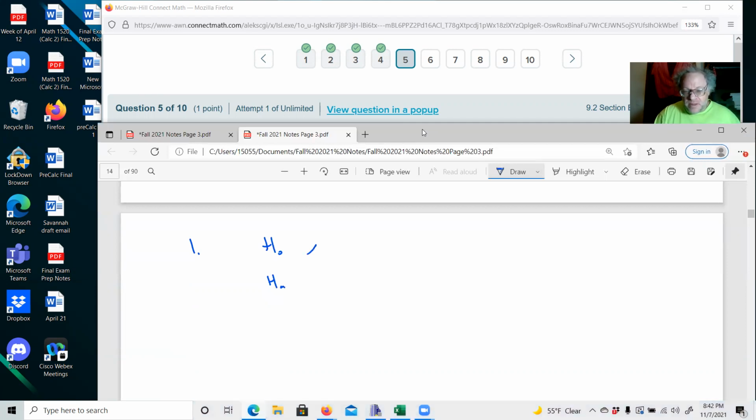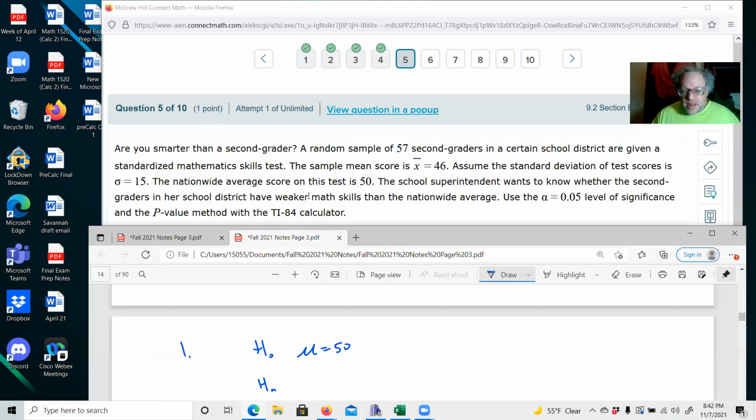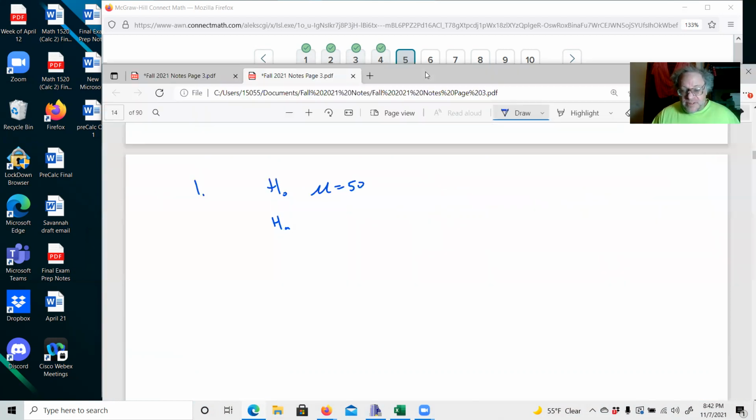So they want to know, is it 50 or does the superintendent have to worry about anything? She's not worried that it's greater than, she's worried that it's less than. They want to know if our students are performing up to par with everybody else. So it's either 50 or it is less than 50. That's what she's worried about.